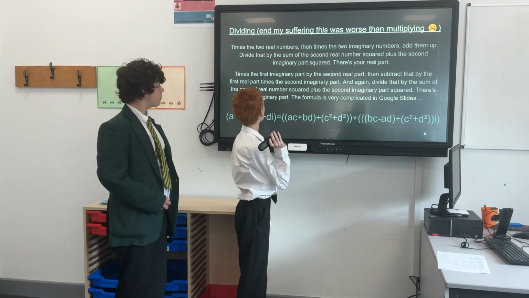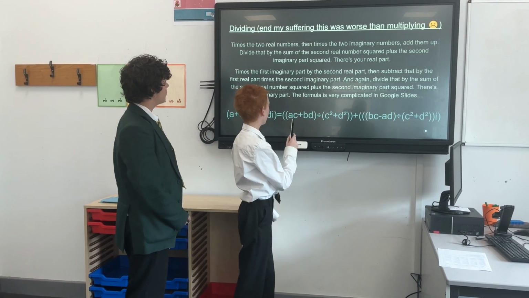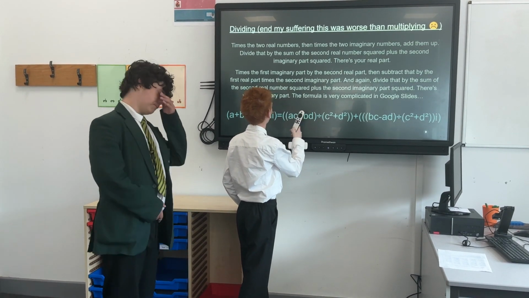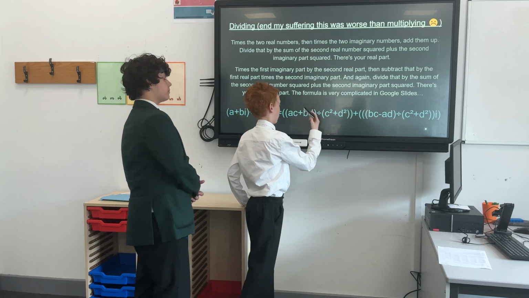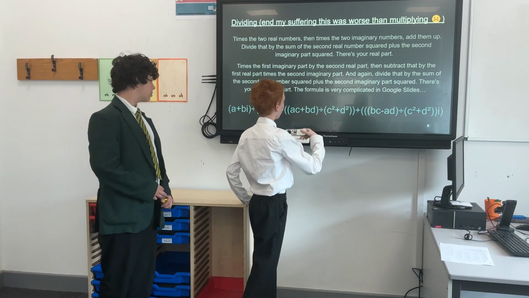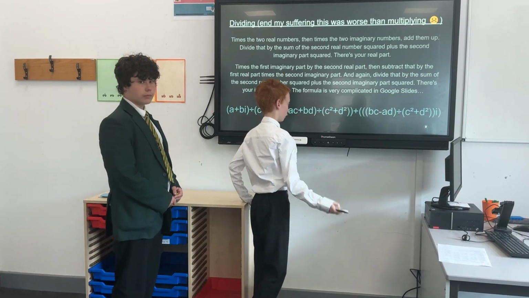And this one is the one that made me lose my sanity. You times the two real numbers, then times the two imaginary numbers. Add them up. You divide that by the sum of the second imaginary part squared and the second real number squared.